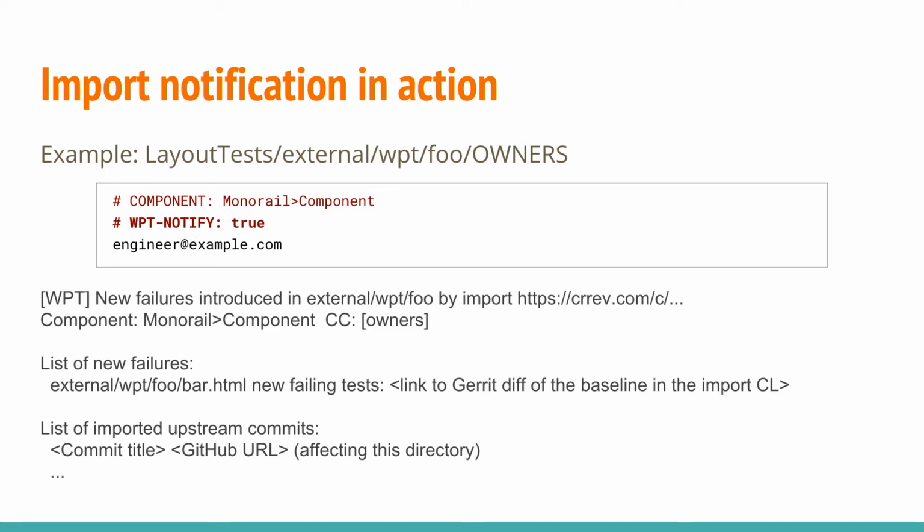The only thing you need to do is add one single line, WPT-NOTIFY, to your OWNERS file inside external WPT, and make sure you have a component set up. Then whenever there are new failures during the import, you will have a bug CC'd to all the owners in the OWNERS file.